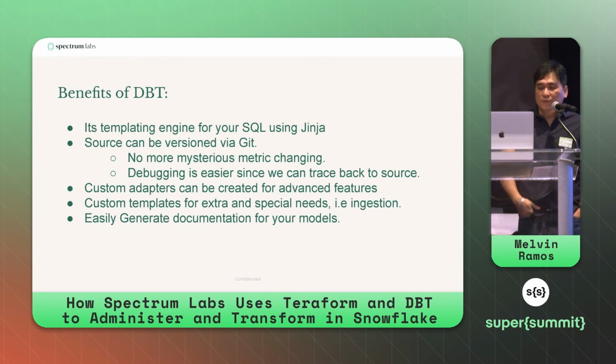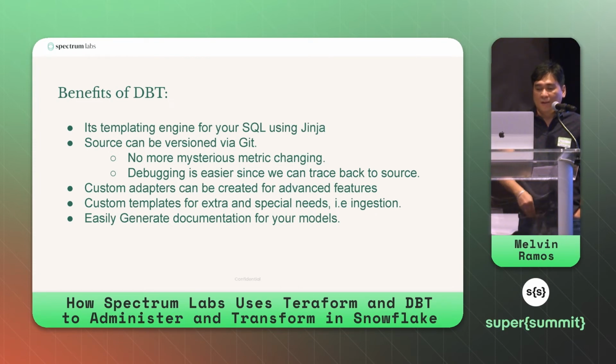So the benefits of using DBT: obviously it's a templating engine for your SQL with Jinja. Source can be versioned via Git, as you guys know. No more mysterious metric changing, as we know. Debugging is easier because you can trace back to the source. Custom adapter is really good.